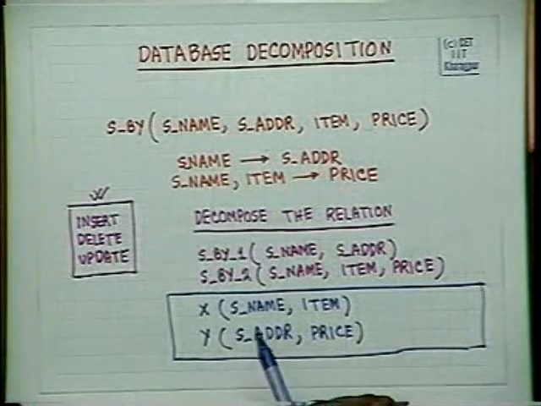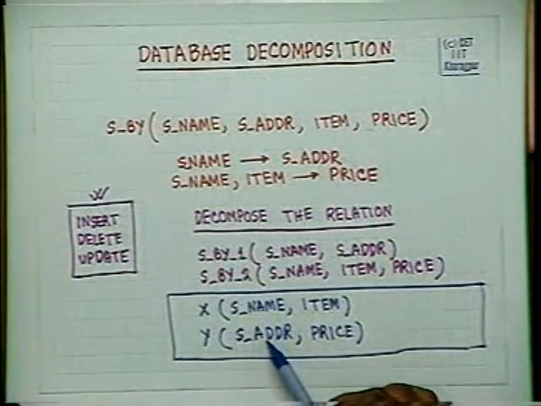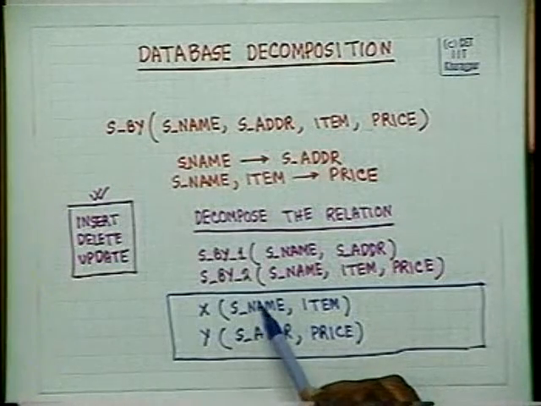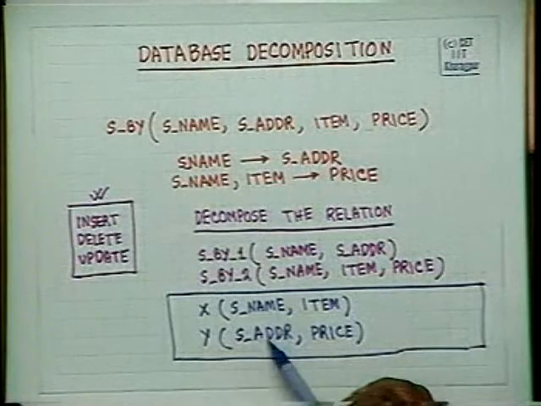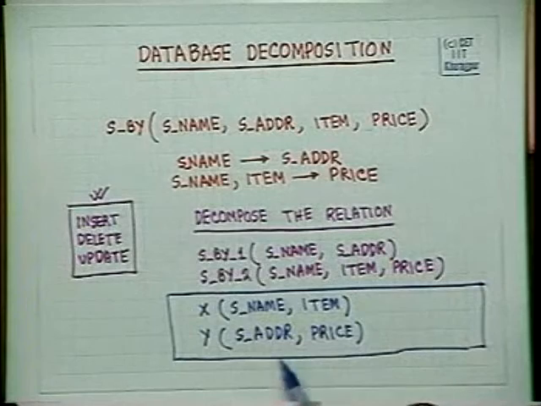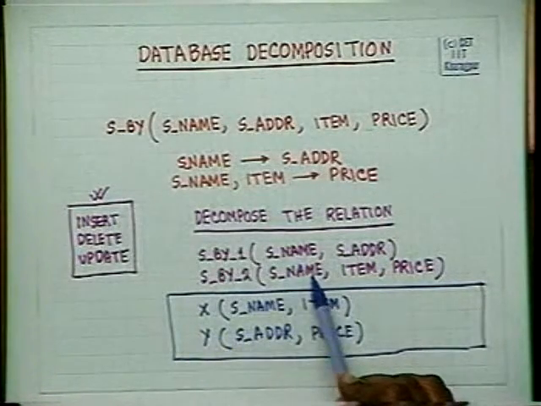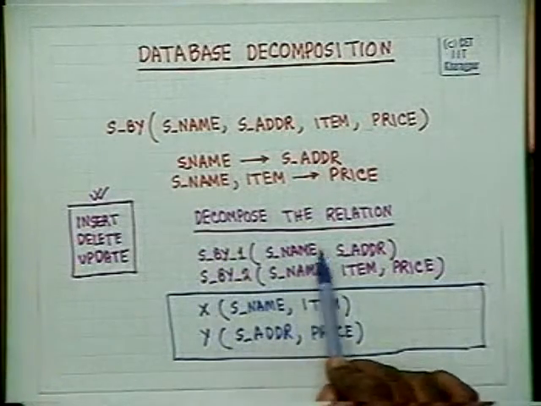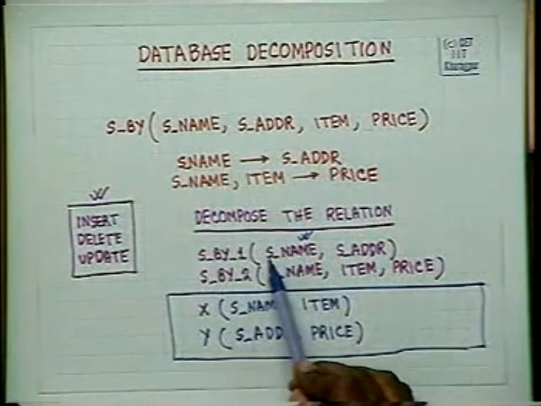because for any query which involves supplier name and supplier address, if we want to find out even the address of a particular supplier, we will not be able to get the correct address by a natural join of these 2 relationships. Here it is not difficult, because in this particular decomposed relationship, SNAME is the key.